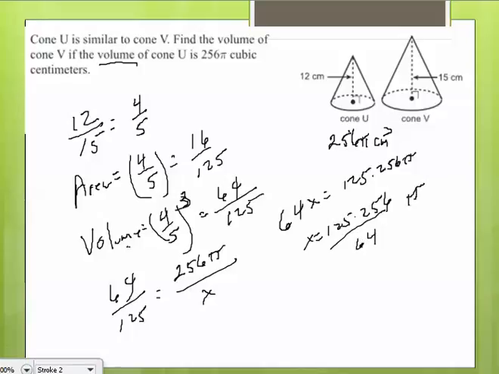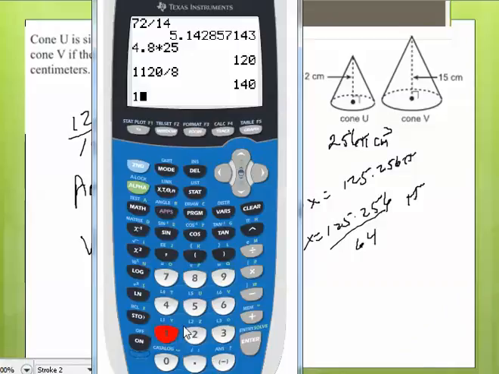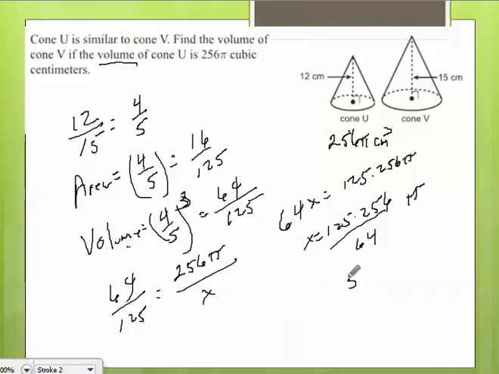I can do that on a calculator. So I'm going to say 125 times 256 divided by 64 is equal to 500 pi. And that's what the volume of the big one is going to be, 500 pi.